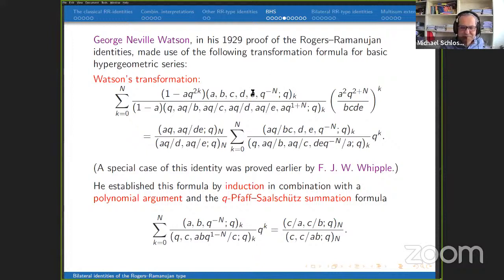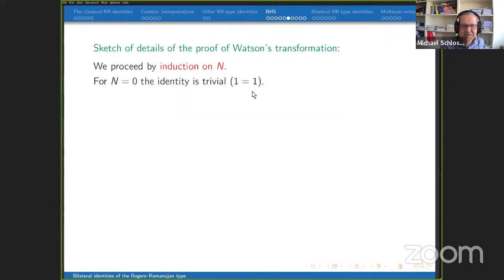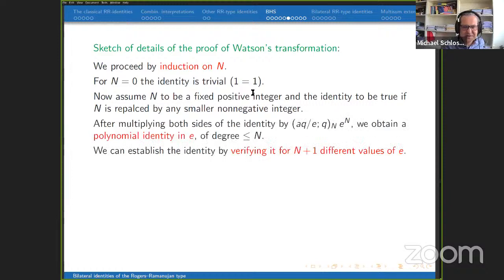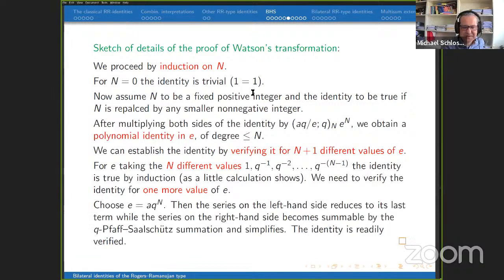I will skip the proof. I just want to tell you that the proof is available here on the slides. For reasons of time, I will skip it, but you might have a look at this. It's really not difficult. Of course, maybe it's not the most natural thing, because in order to prove this by induction, you already have to know the identity.